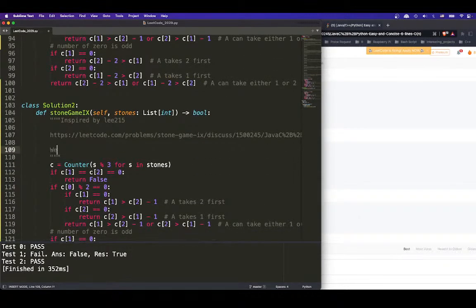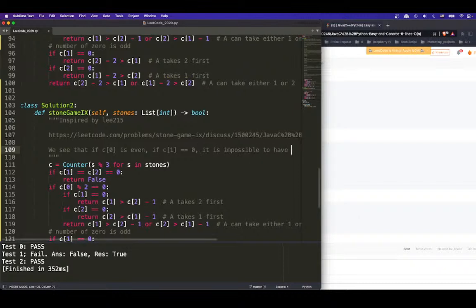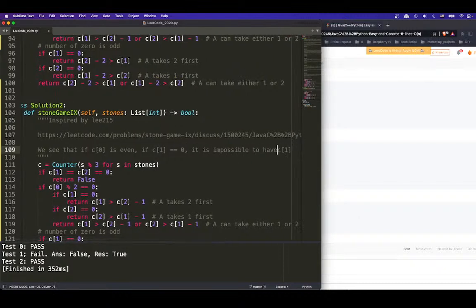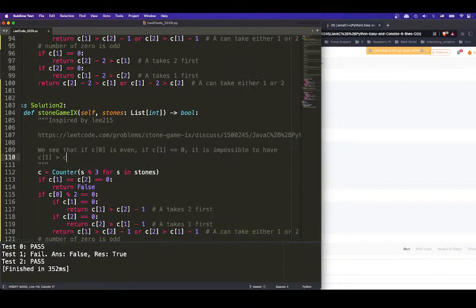Well, we see that if C0 is even, when C1 is equal to 0, it is impossible to have C1 minus 1 larger than C2.